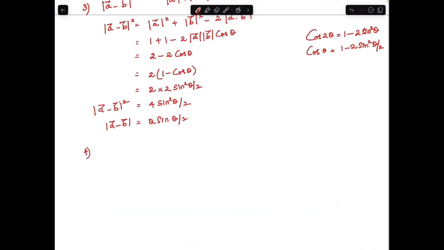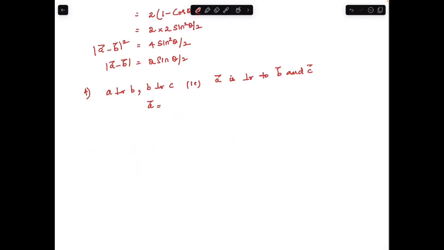Then A is perpendicular to B and A is perpendicular to C. That is, A is perpendicular to both B and C. So to find the unit vector which is perpendicular to both B and C, the formula is A vector is equal to plus or minus B cross C by magnitude of B cross C.